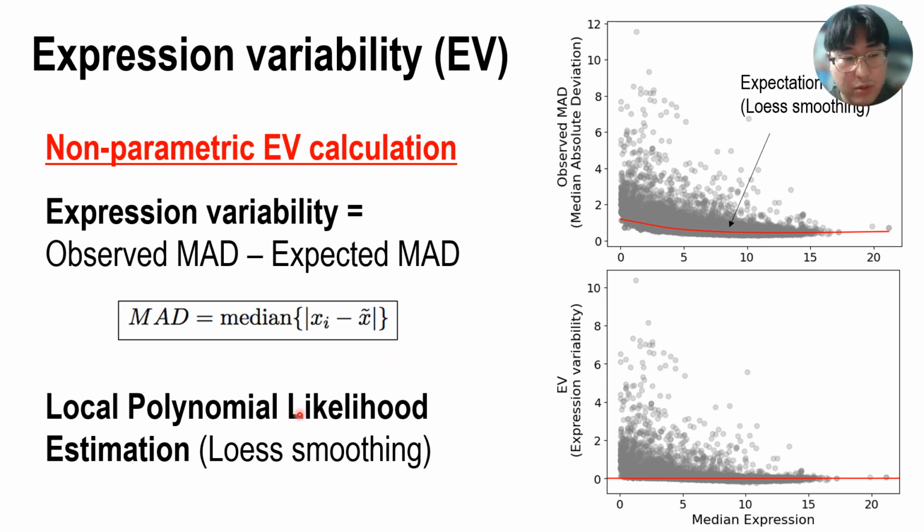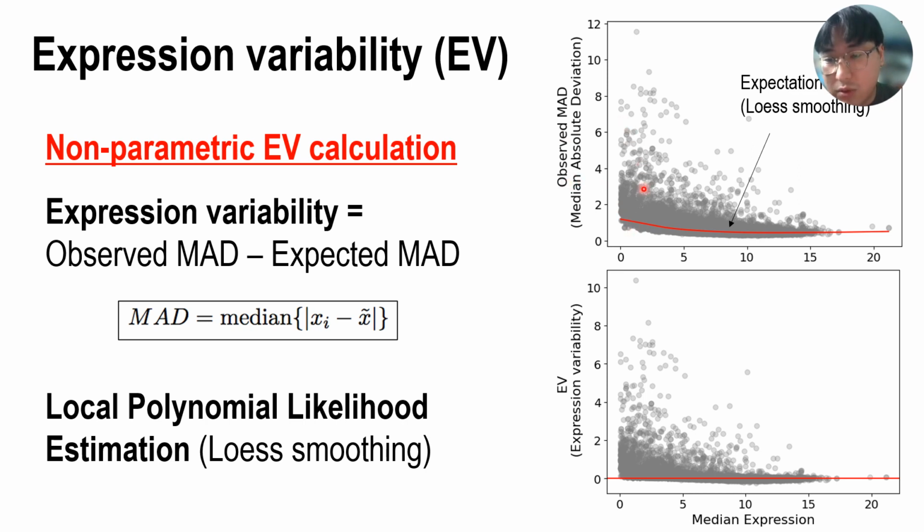To find the expected MAD, we do a local polynomial likelihood estimation, which is also called LOWESS smoothing, and this is the figure which shows that. This is the expected MAD after fitting the local polynomial regression, and we compare that to the observed MAD.